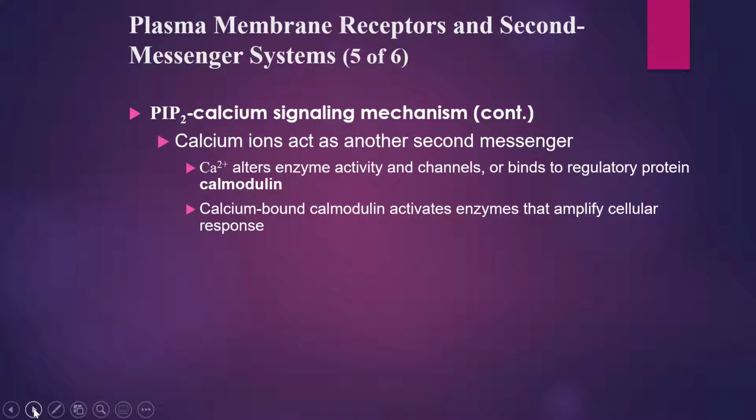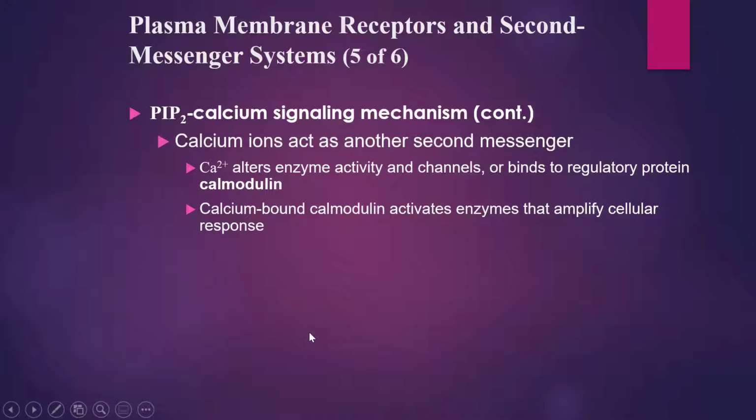So the calcium ion acts as another second messenger system here. It alters enzyme activity and channels or binds to a regulatory protein, which we call calmodulin. I know you've heard of calmodulin before in AMP1. It's got something to do with smooth muscle contraction. Calmodulin here plays a role in the PIP signaling mechanism.